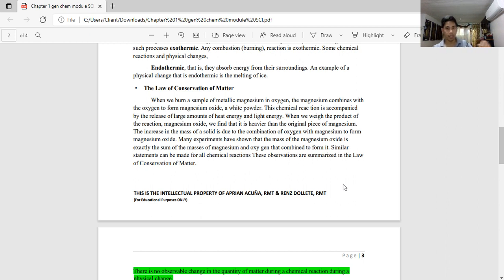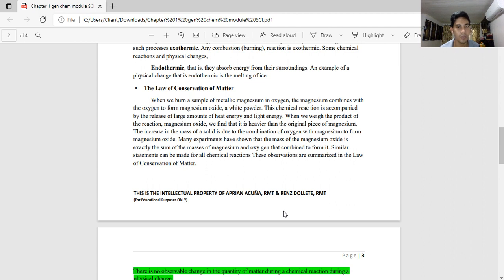When we weigh the product of this reaction, magnesium oxide, we find that it is heavier than the original magnesium that you weighed before burning it. The increase in the mass of the solid is due to the combination of oxygen and magnesium to form magnesium oxide.